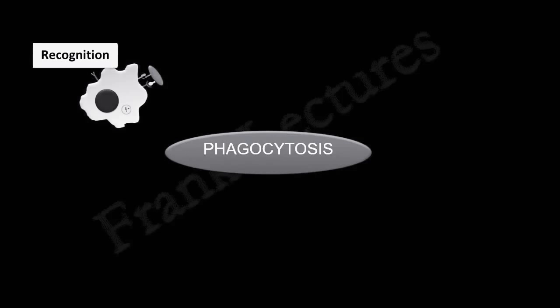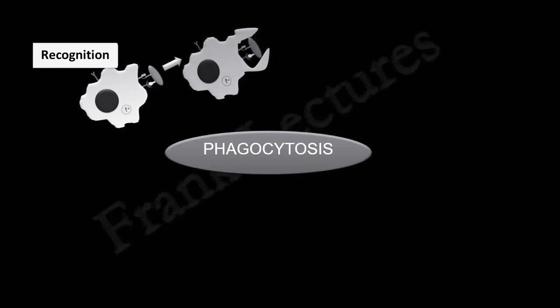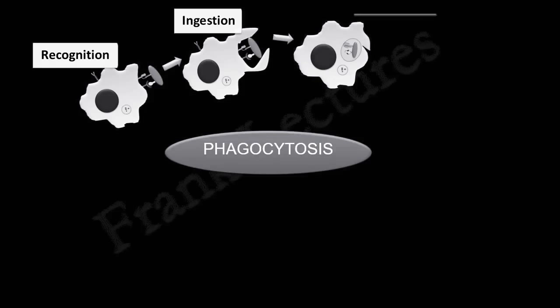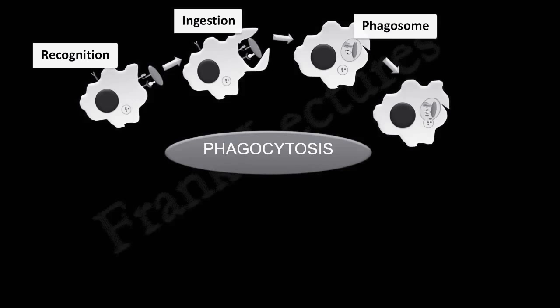Let us now summarize the whole process of phagocytosis. It starts with recognition of the microbe. This recognition results in internalization or ingestion of the microbe. This internalization results in the formation of a sac known as phagosome. This phagosome fuses with lysosome to produce another large vacuole known as phagolysosome.